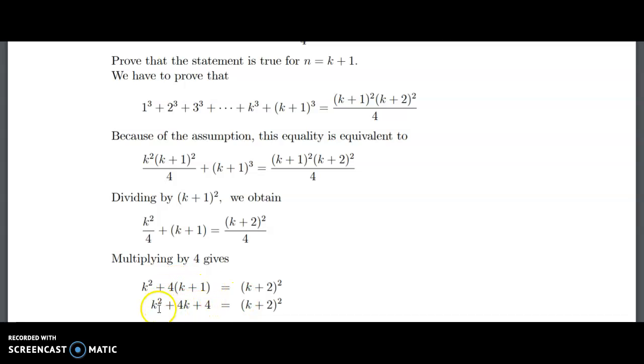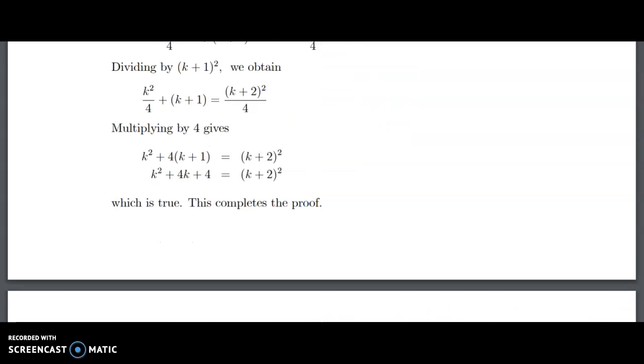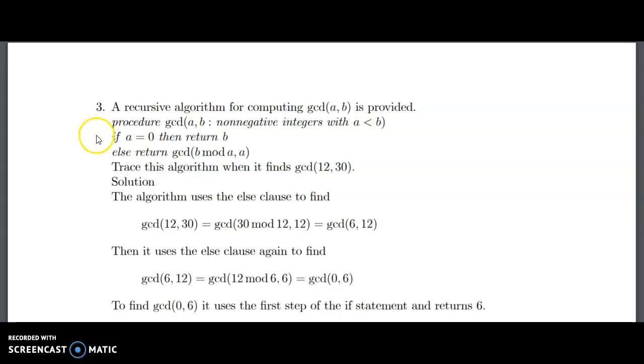Multiply out here, you get this. And obviously, if you expand k plus 1 squared, you'll obtain the left-hand side. Since this equality is true, the inductive step is completed and the statement is true for all positive integers n.